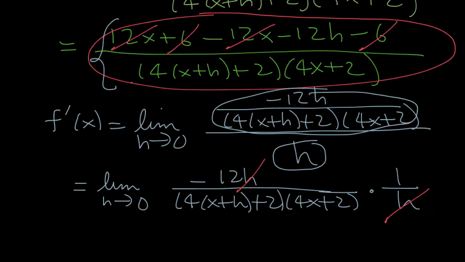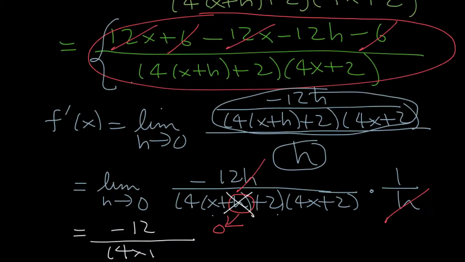Okay, well, what is the limit as h goes to 0? There are no h's left in the problem except for that lone h in the denominator, and that's going to go to 0. So we are left with minus 12 divided by, this h is gone, so we have 4x plus 2 times 4x plus 2.